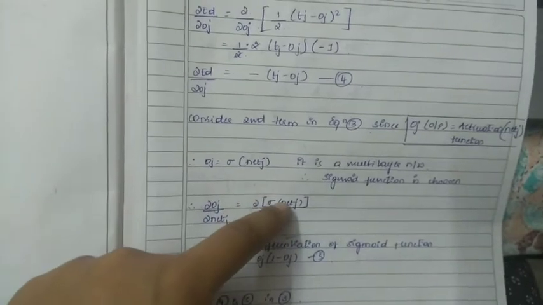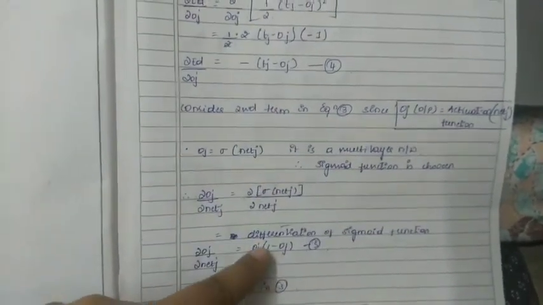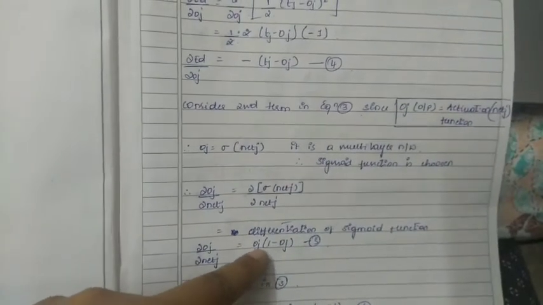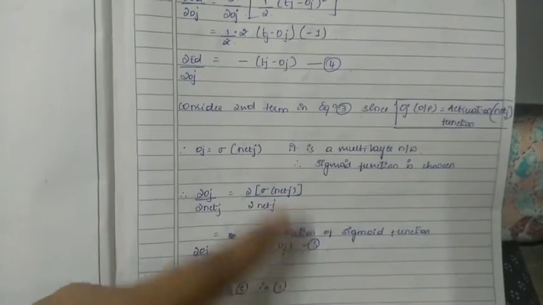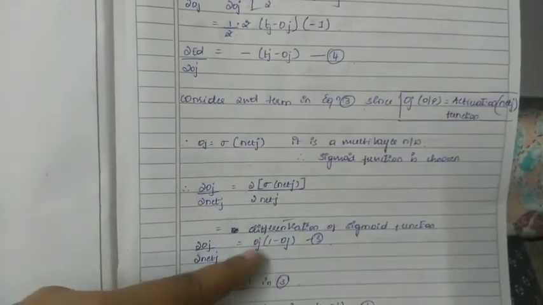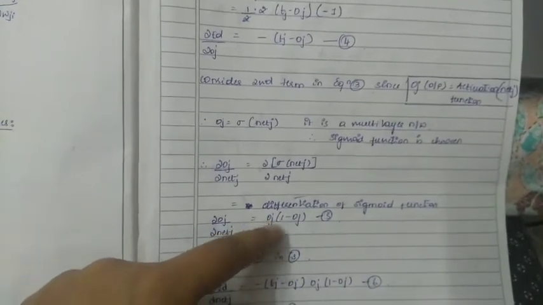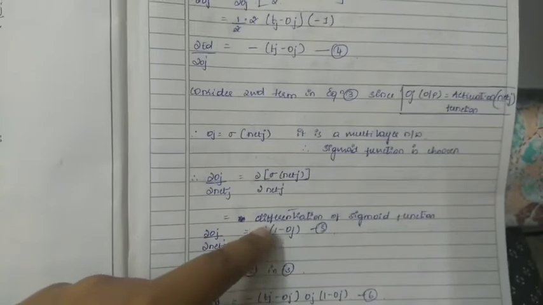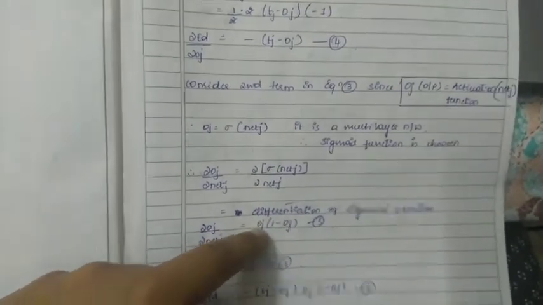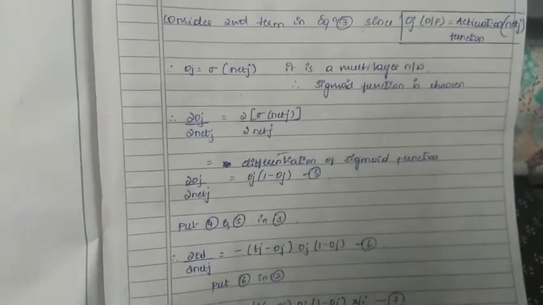We know that it is sigma of y into 1 minus sigma of y. The variables might differ, but the pattern is the same. So in place of sigma of y, we have Oj here. So Oj into 1 minus Oj. That is equation number 5.